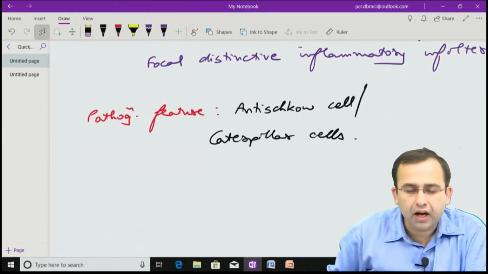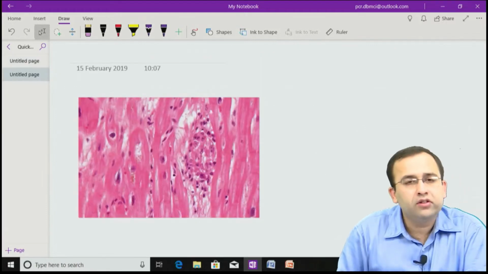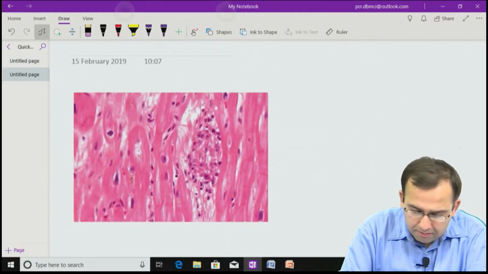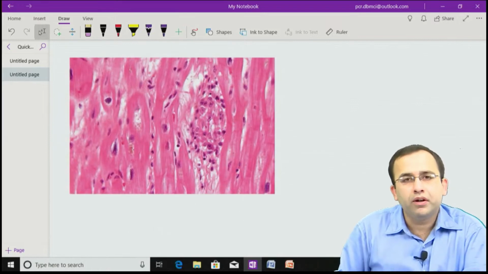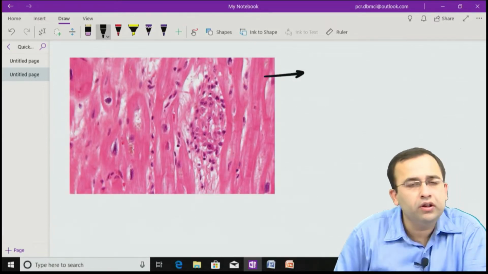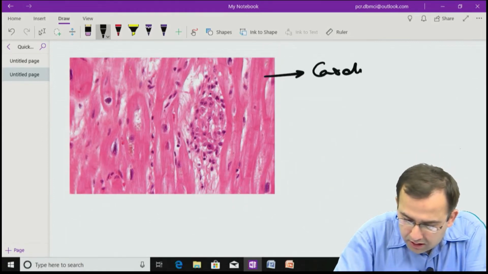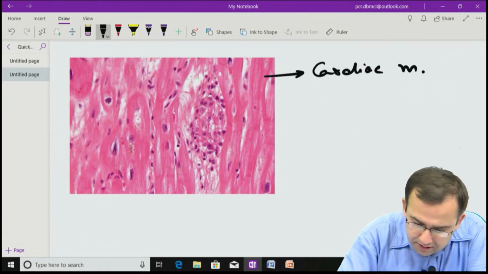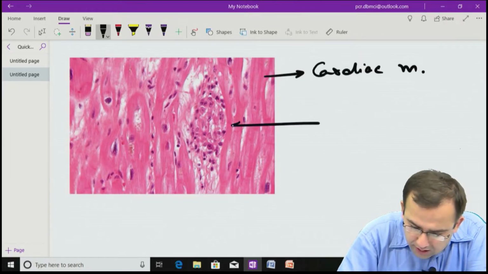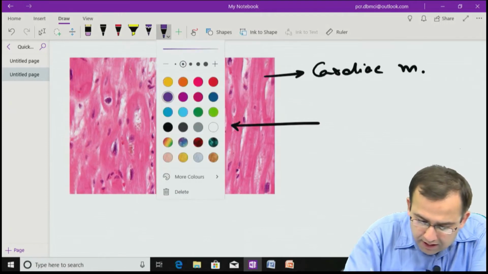This is RHD. So before we go further, let us have a look at what it looks like microscopically. What we see here is the cardiac muscle. All this is the cardiac muscle, with presence of focal distinctive inflammatory infiltrate. What do I mean by distinctive?